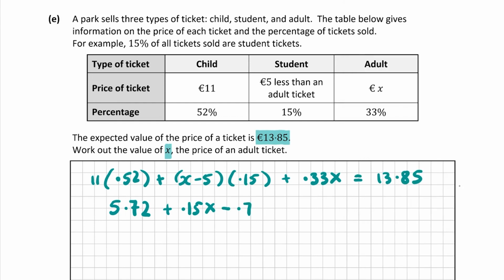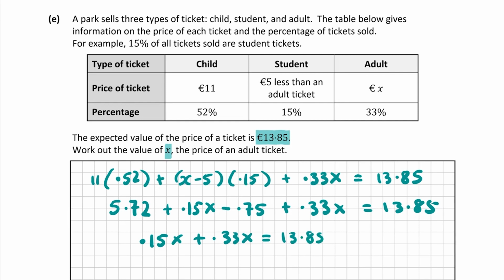That gives us minus 0.75 plus 0.33x is equal to €13.85. Let's keep all the x's on the left and move everything else over to the right. So we have 0.15x plus 0.33x is equal to €13.85 minus €5.72 plus 0.75.